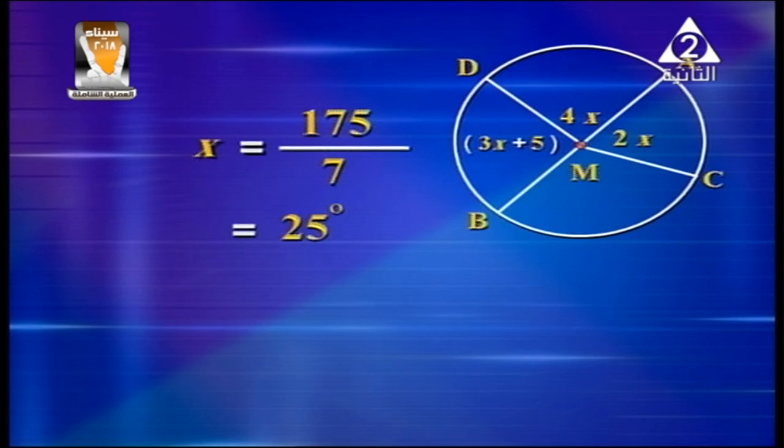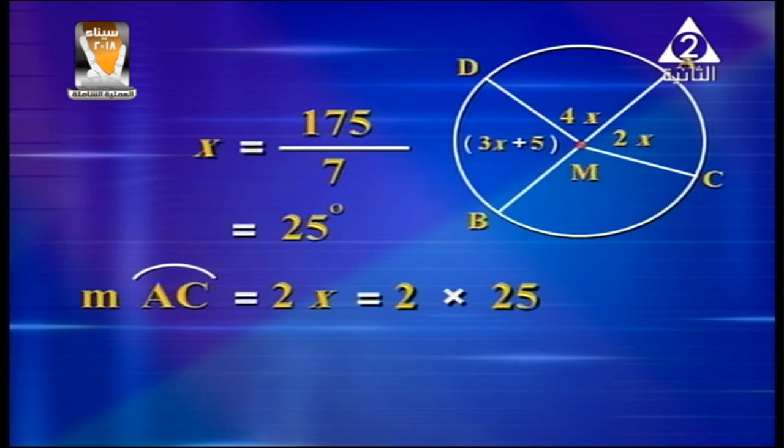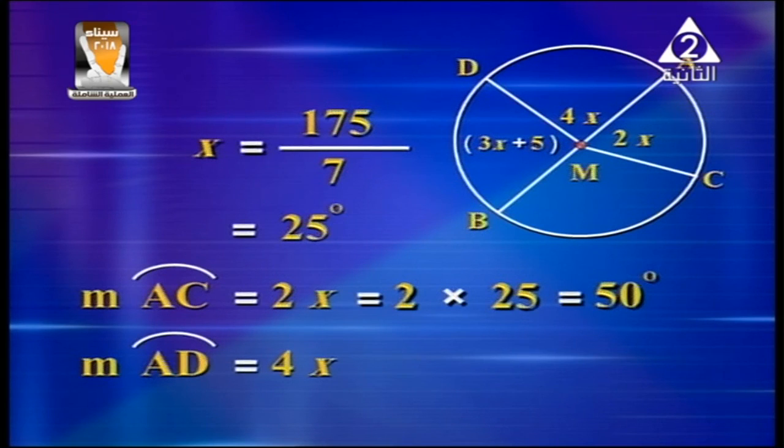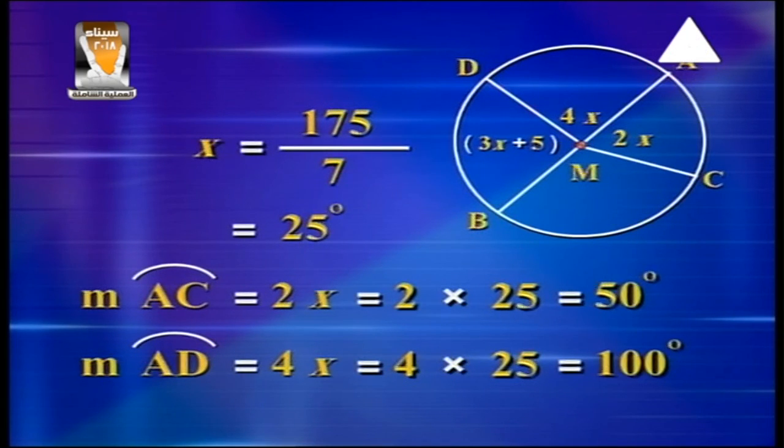What about measure AC arc? Measure AC arc equals the measure of the central angle 2x. So it is 2 times 25 equals 50 degrees. What about measure AD arc? Measure AD arc equals the measure of the central angle, which is 4x. So it is equal to 4 times 25 equals 100 degrees. What about measure BC arc?